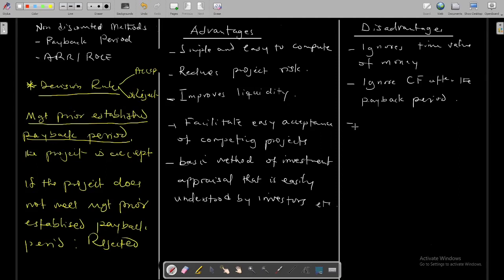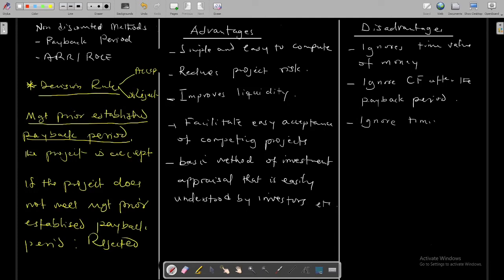So all cash flows after the payback period, the payback method does not consider all those cash flows. The next one is it ignores timing of cash flows.